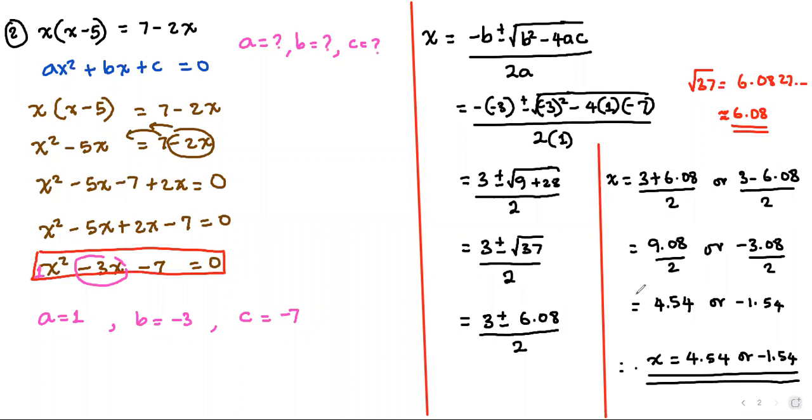Now, when you are solving these quadratic equations using the formula, you can quickly tell if you will have one solution, or if you don't have any solution for this equation, or you have two solutions.